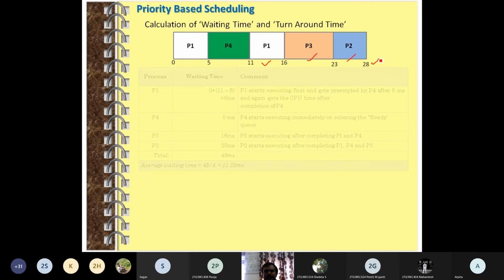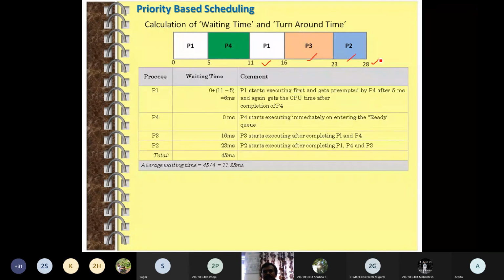Now let's go for waiting time. So P1, is there any waiting time? Yes, it has waited for 6 milliseconds, because P4 is running for 6 milliseconds. At the beginning there is no waiting time, because it begins at the 0th position. But what about the second iteration? In the second iteration, it is beginning at the 11th millisecond.